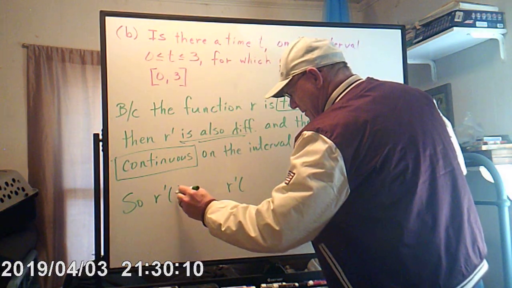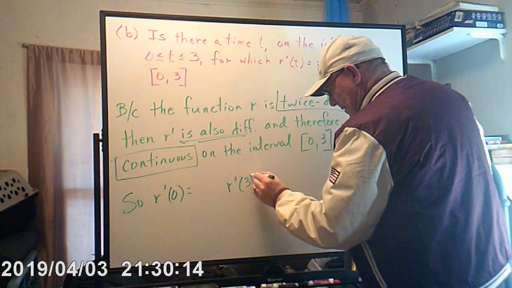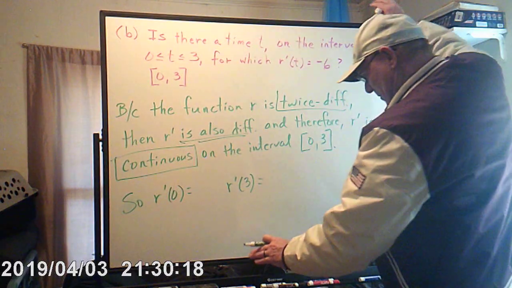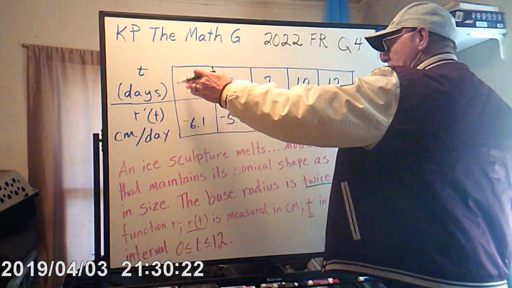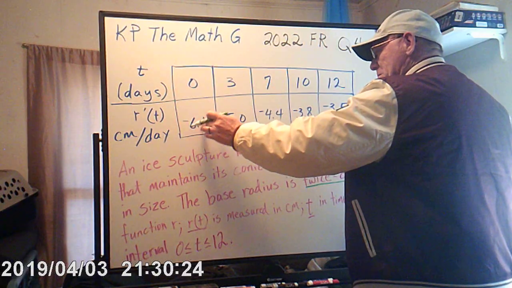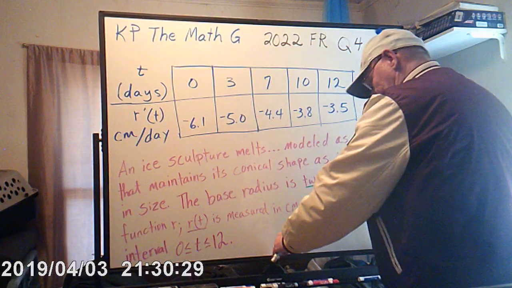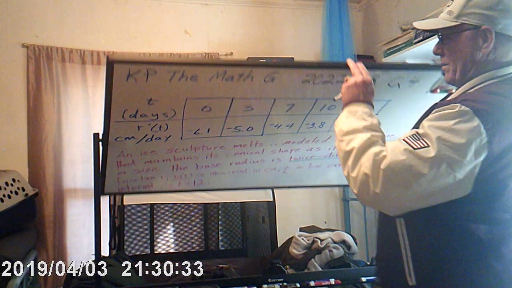So let's go back to our table. R prime at 0 is negative 6.1. R prime at 3 is negative 5.0. Okay. Negative 6.1. Oops. Come on. Oh, don't hit me in the head.